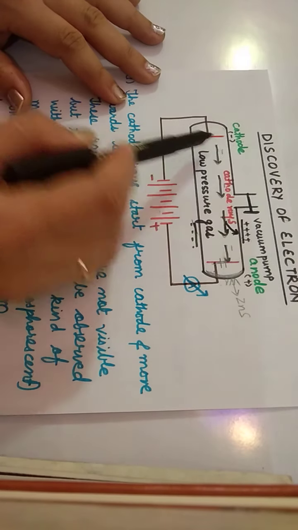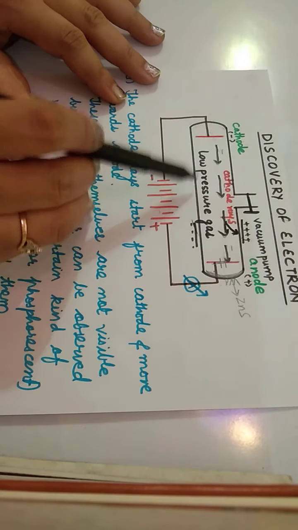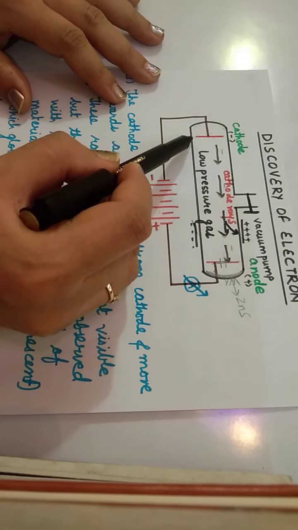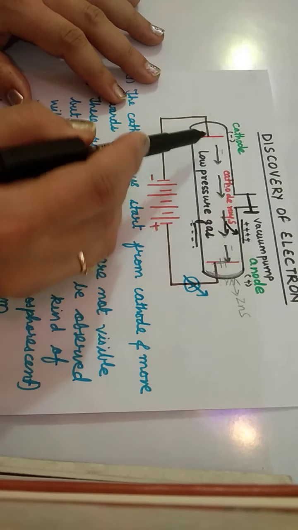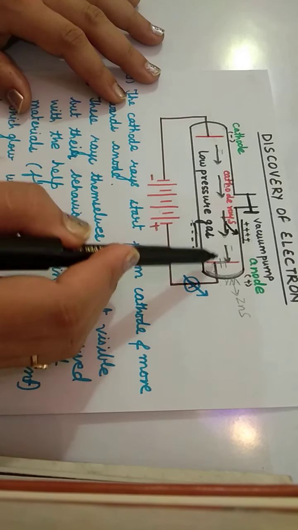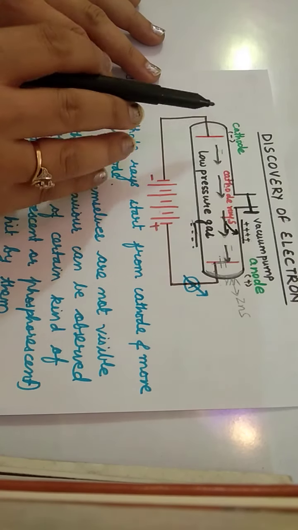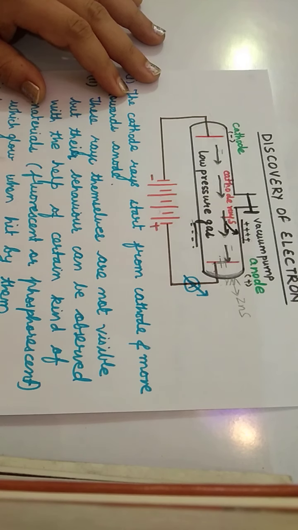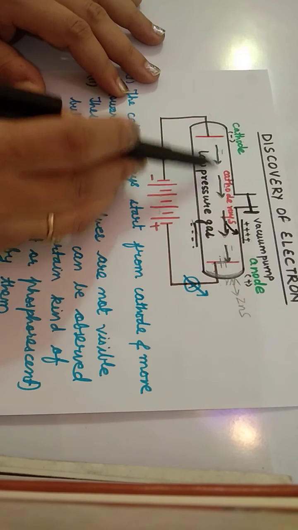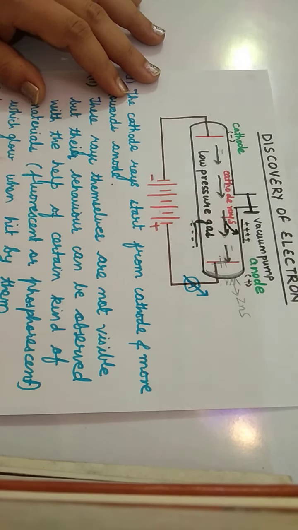Now, whatever gas you take inside this, and if you change the material of the cathode and the material of the anode, then also, children, there is no change in the flow of this ray from cathode to anode.